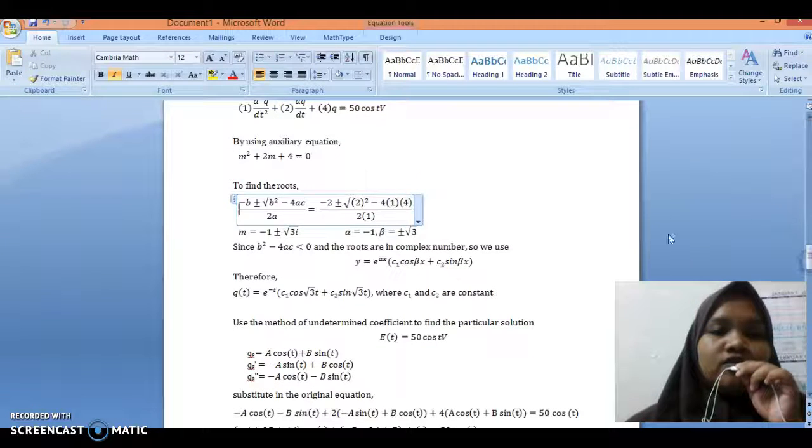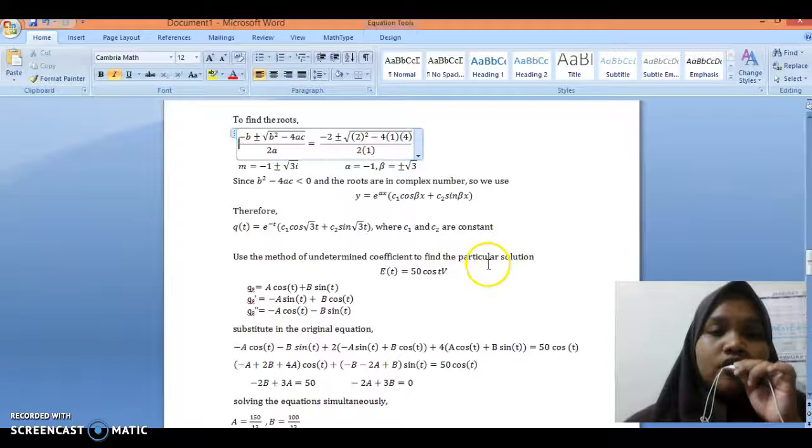Then to find the root m, we found that the root is a complex number, so we have to use this formula. Then we get m equal to -1 plus minus √3 i, where alpha is equal to -1 and beta equal to plus minus √3.